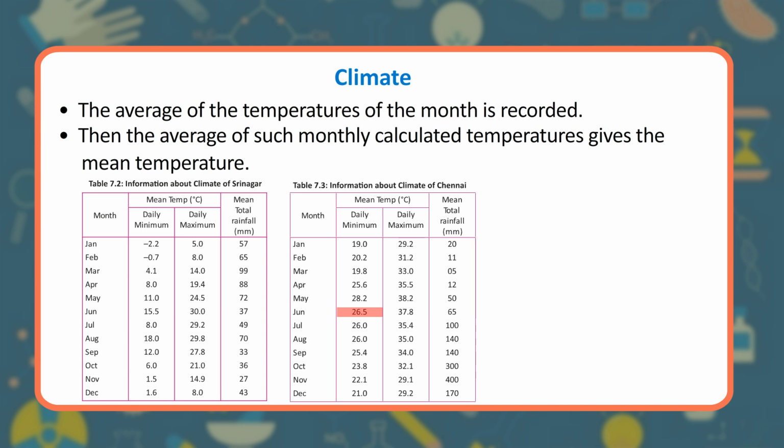June: 26.5, 37.8, 65. July: 26.0, 35.4, 100. August: 26.0, 35.0, 140. September: 25.4, 34.0, 140. October: 23.8, 32.1, 300. November: 22.1, 29.1, 400. December: 21.0, 29.2, 170.